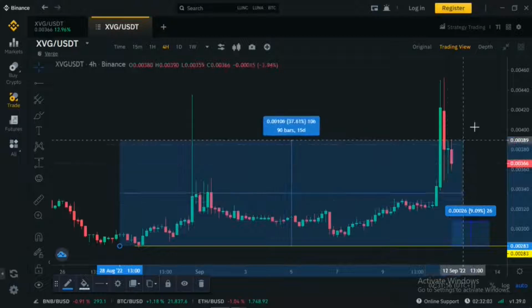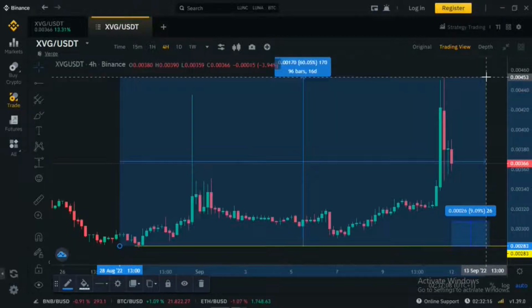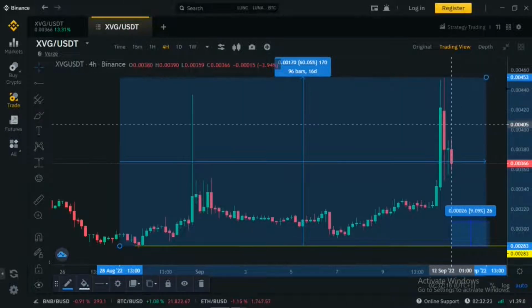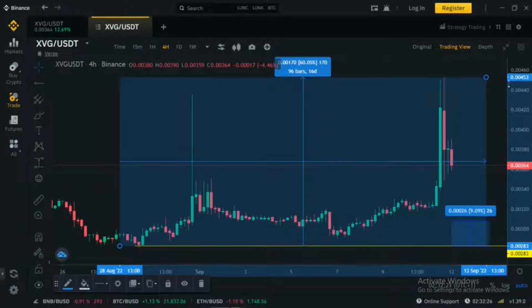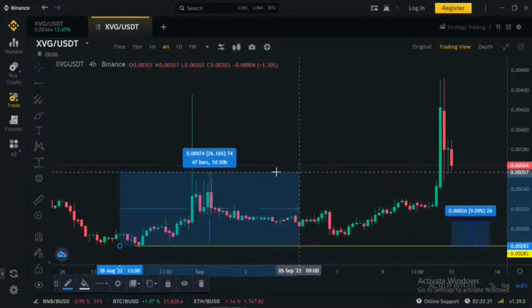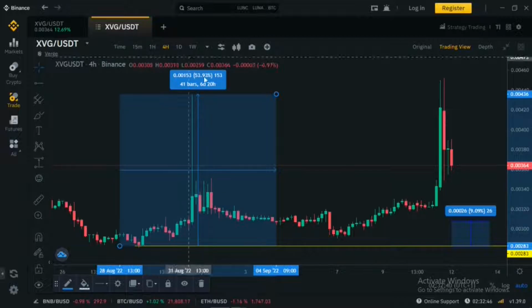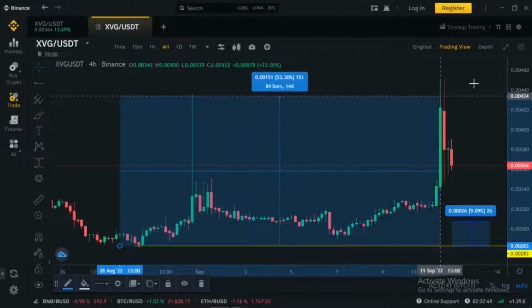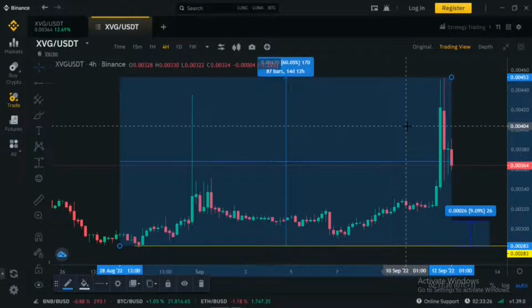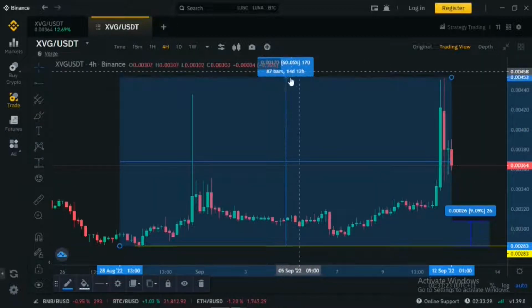And finally, it bounced up again by 60% to complete its standard cycle of a bullish trend operation at the highest price of the bullish trend, which is 0.00453. So as you can see on the candlestick price chart data, the most current bullish trend section of the XVG USDT cryptocurrency pair bounced up by approximately 60% over the course of 14 days and 12 hours.